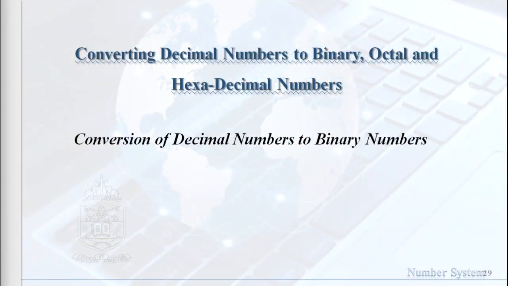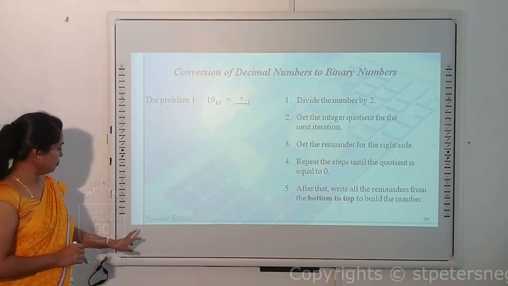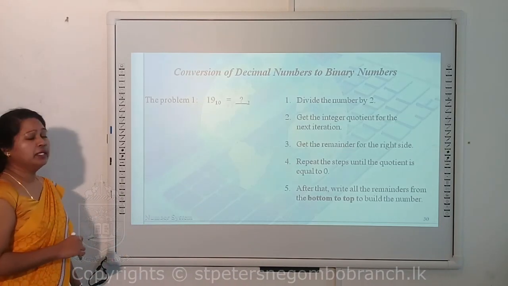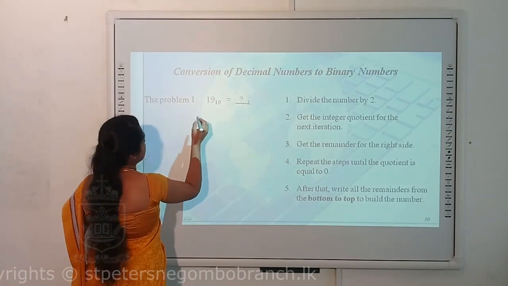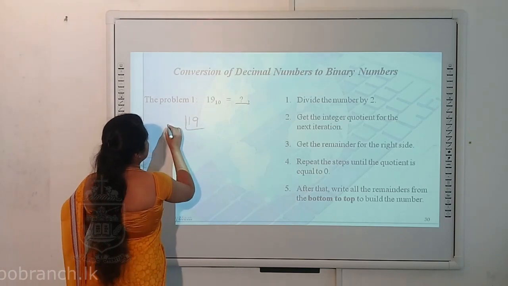Converting decimal numbers to binary, octal and hexadecimal numbers. First one, conversion of decimal numbers to binary numbers. Right. Problem 1. First, divide the number by 2, right? 19 divided by 2.